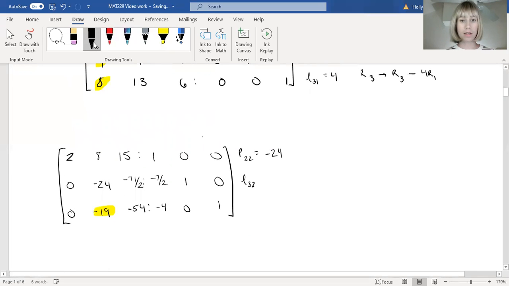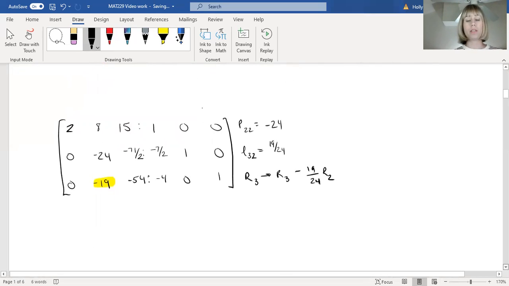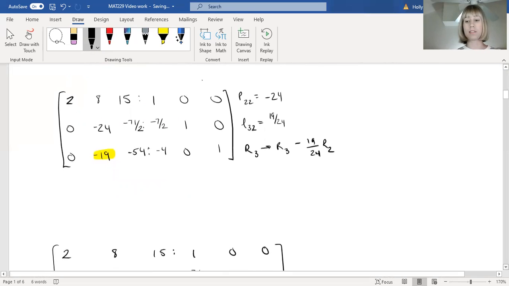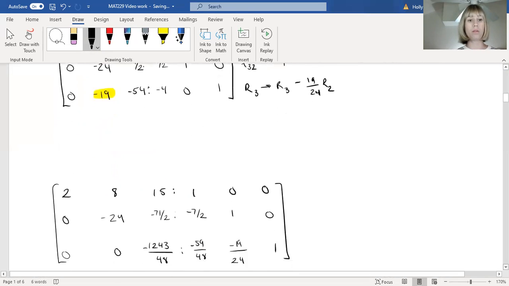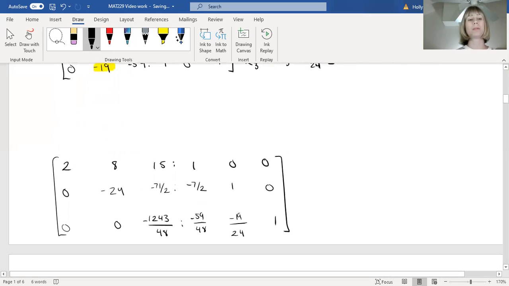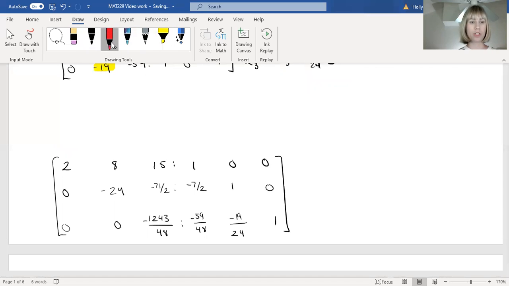Our multiplier for the 3,2 position will be 19 divided by 24, and the row operation will be R3 minus 19/24 times R2. After completing that single operation on row 3, we will finally be in upper triangular form. We have our zeros down here, which is perfect.